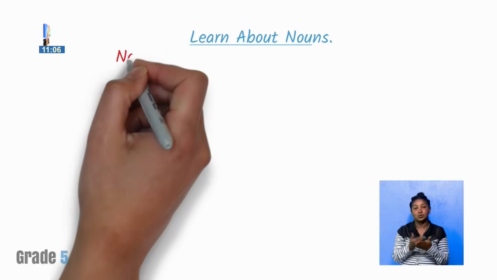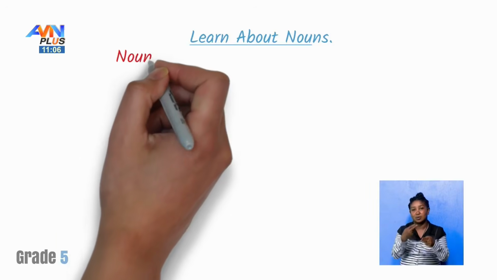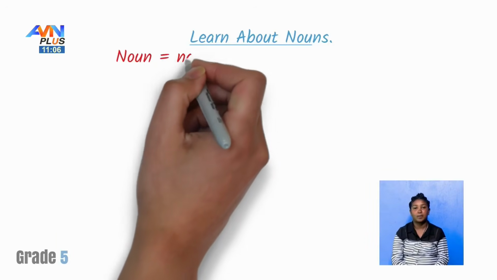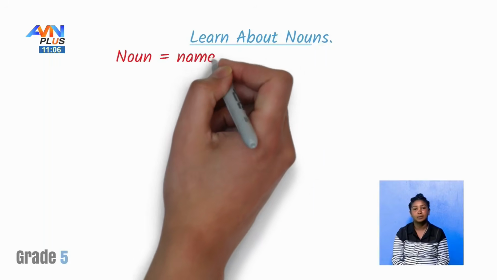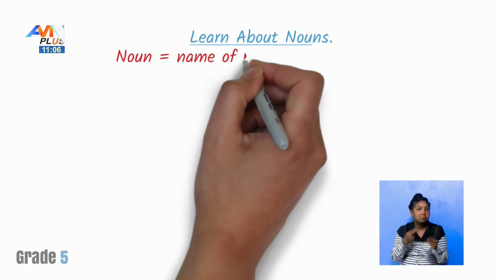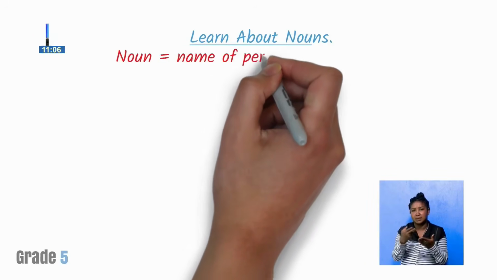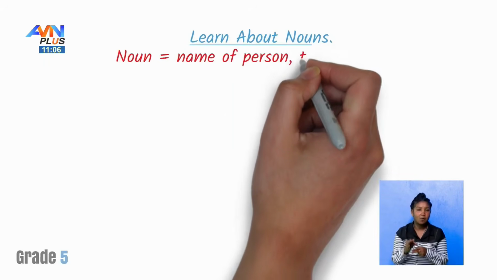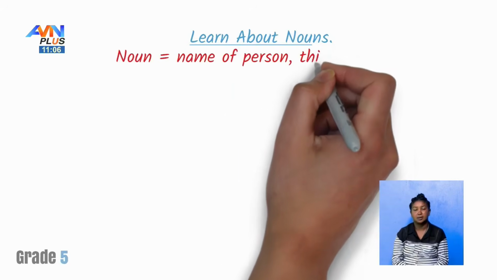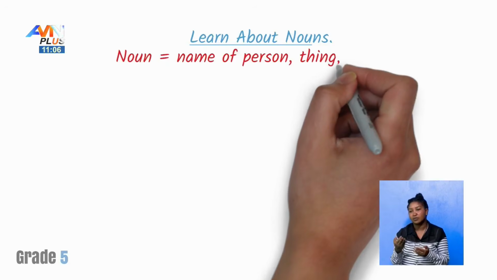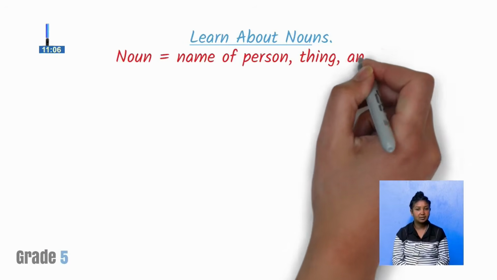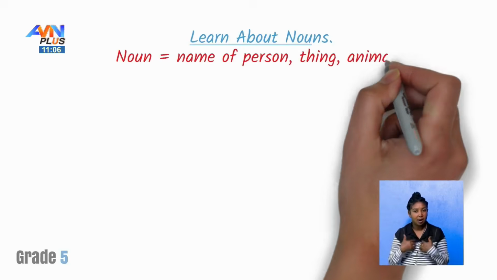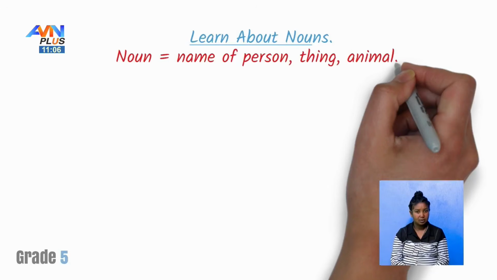So let's say something about nouns here. Noun means a name. Name of a person. Name of a thing. Name of an animal. Okay? This can be called a noun.